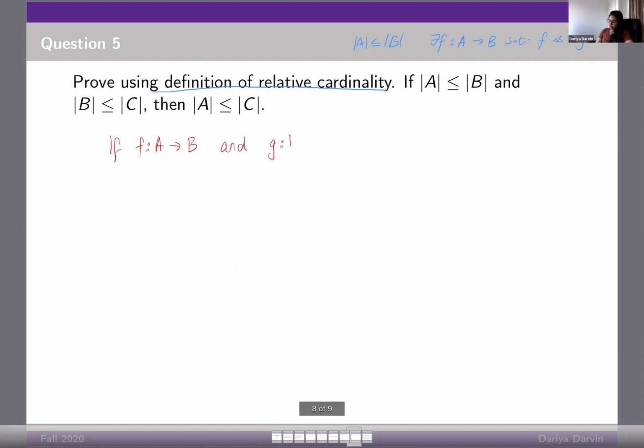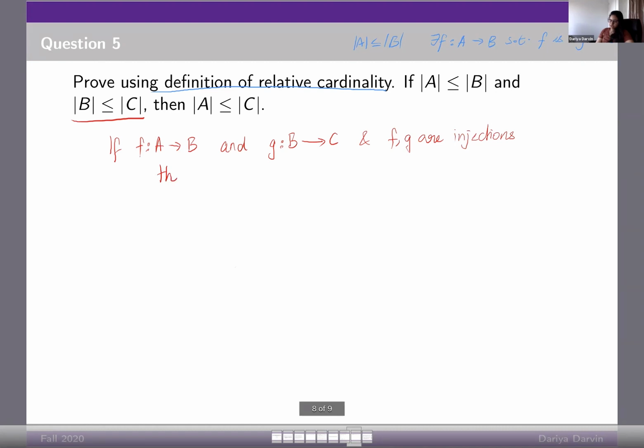I'm going to write one part of it and I want you to tell me what the rest of it will be. So remember, if cardinality of A is less than or equal to cardinality of B, that basically means there is a function f from A to B, which is an injection. Same, if B is less than or equal to C, then there is a function g from B to C, which is an injection.